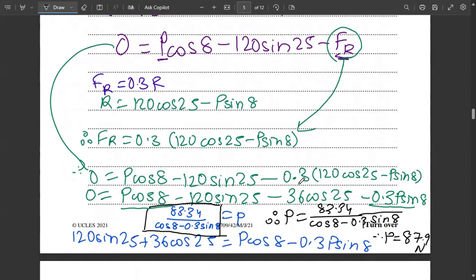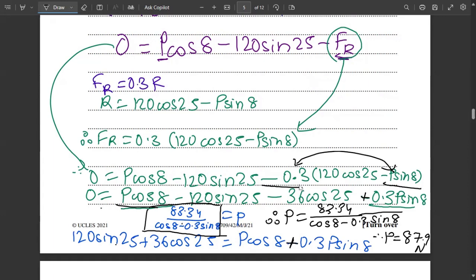P cos 8 minus 120 sin. Okay, so as you can see, I multiplied this minus 0.3 and minus P sin 8 here. But what I forgot was a plus arrow. So this will be a plus. So your 120 sin 25, this we took it here, this we took it here, is equal to P cos 8. This will become a plus 0.3 P sin 8.